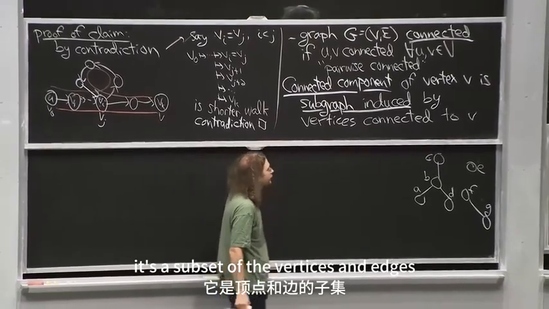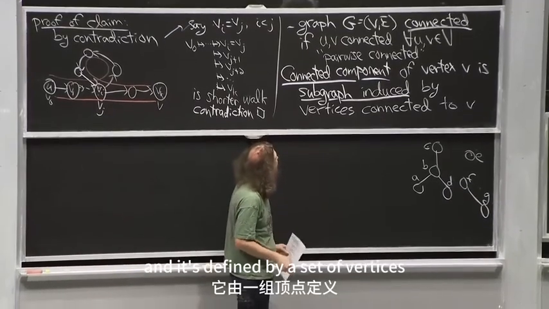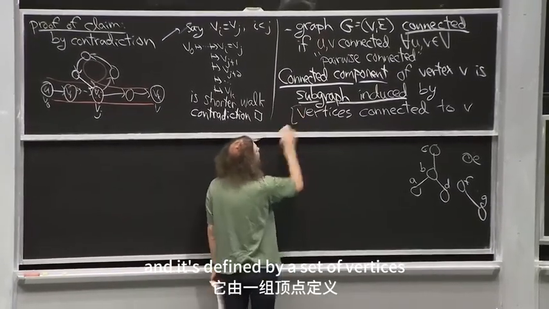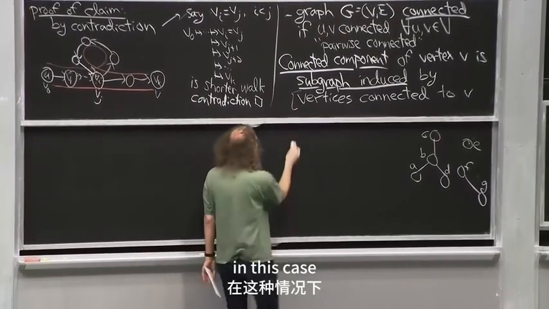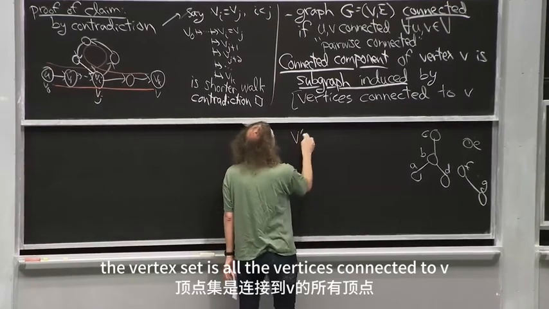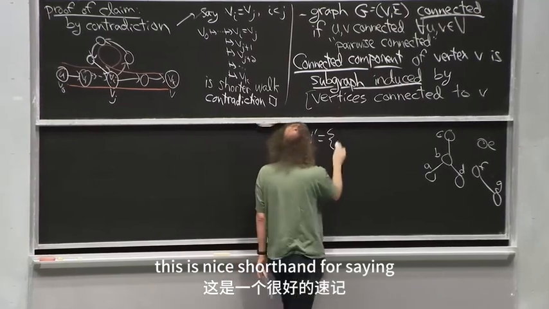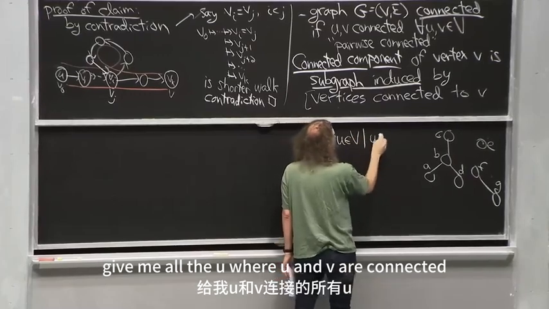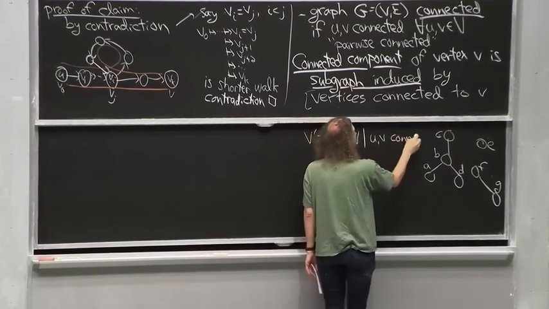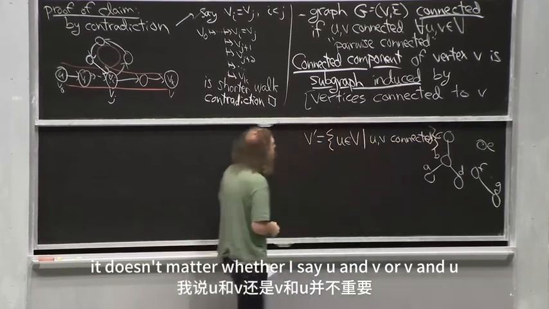It's a subset of the vertices and edges. That's what subgraph means. And it's defined by a set of vertices. So it's a subgraph induced by a particular set of vertices. In this case, the vertex set is all the vertices connected to V. This is nice shorthand for saying, give me all the U where U and V are connected. And as we said, it doesn't matter whether I say U and V or V and U, same thing.